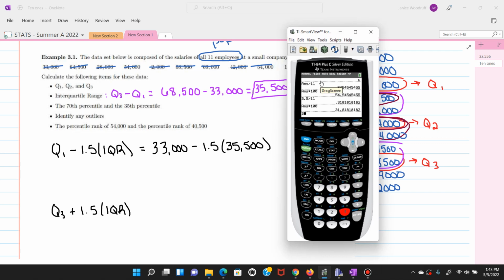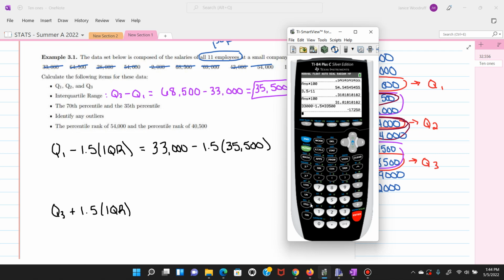So 33,000 minus 1.5 times 33,500. So the threshold there would be negative 17,500.